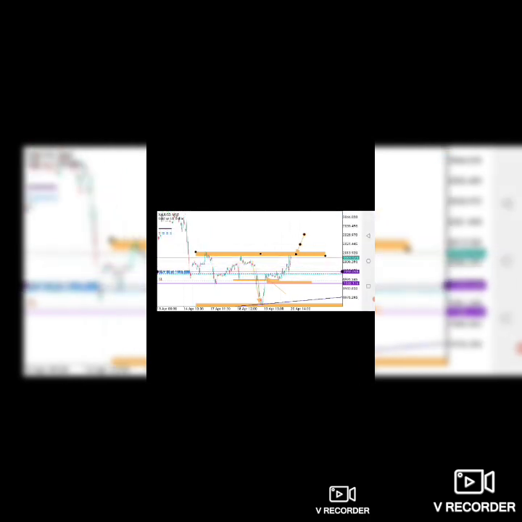Like place my TP near a high that has been broken, because when the market is making higher high, it's going to retest previous highs. Okay, so I can place my TP here.